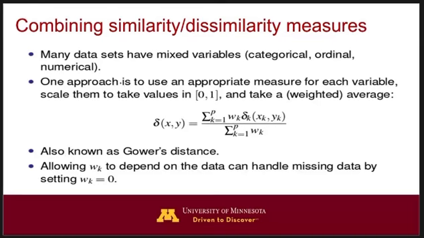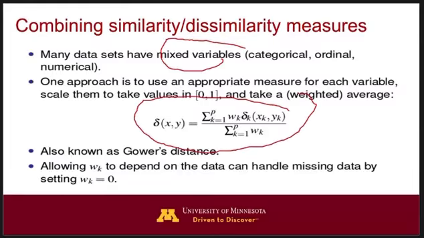Many data sets have mixed variables. At times you could have a combination of variables. Some are categorical, some are ordinal, some are numerical, and the approach we're going to use is a weighted average approach. Here we're trying to define the distance between X and Y, where one variable is categorical and another is ordinal or numerical, and we call this a Gower distance.